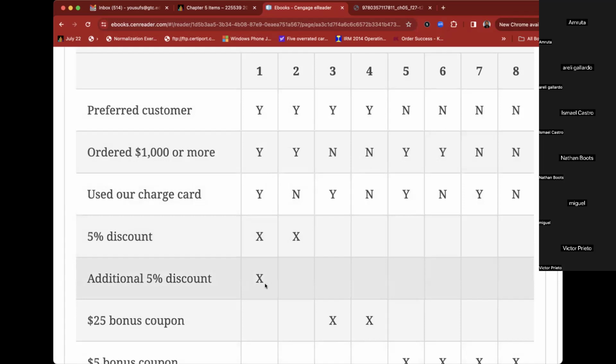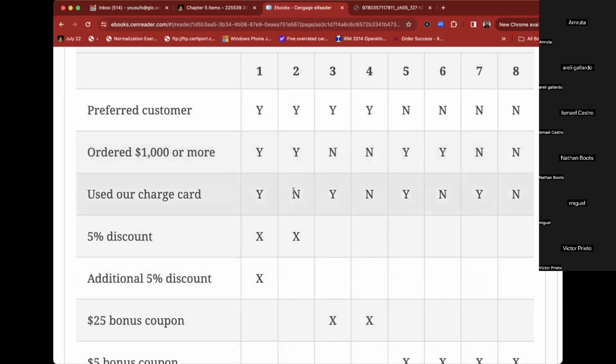But if a preferred customer places an order of $1,000 or more and doesn't use the charge card, you only get 1 X. If a preferred customer makes an order of less than $1,000, whether they use a charge card or not, it doesn't really matter. You only get 25 bucks.